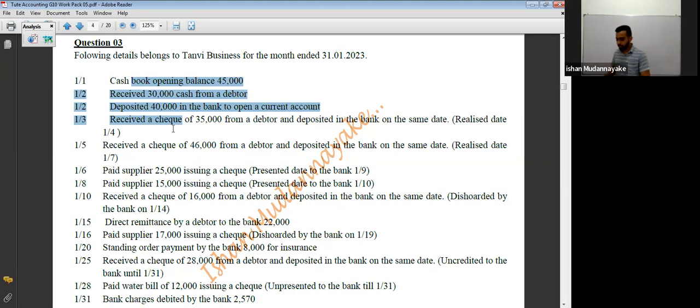Then students, write down work pack 5, question number 3.